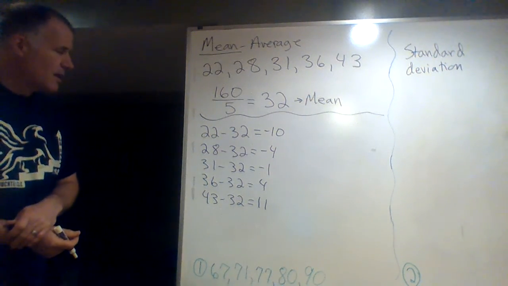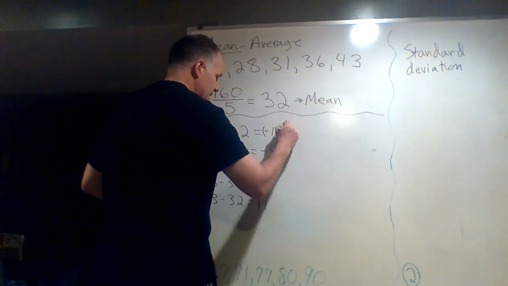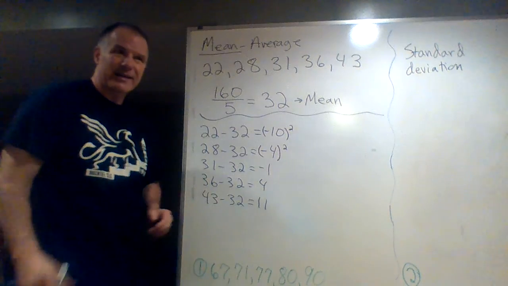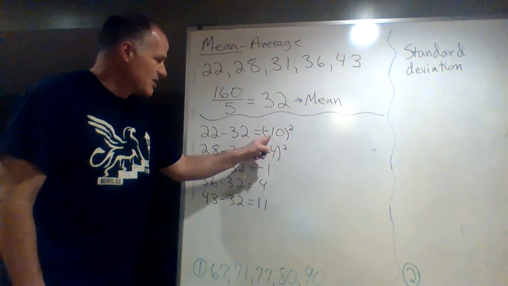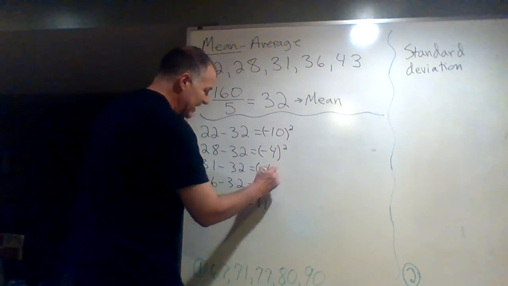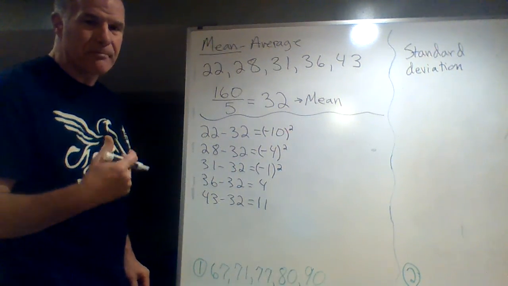Now from here, we need to square each of these. Remember, we did this back in other lessons. We have to put the negatives in parentheses when we square them on our calculator, because all negatives squared become positives.